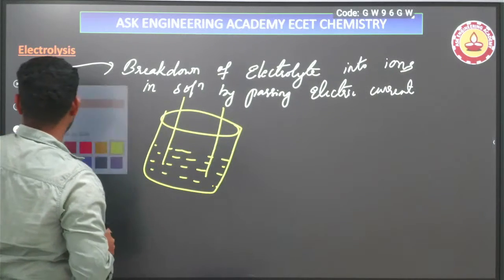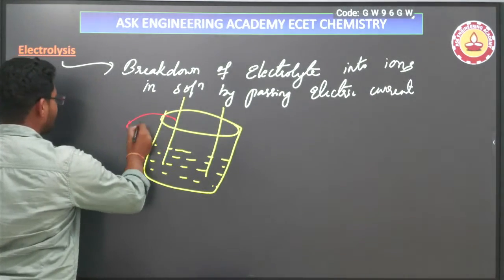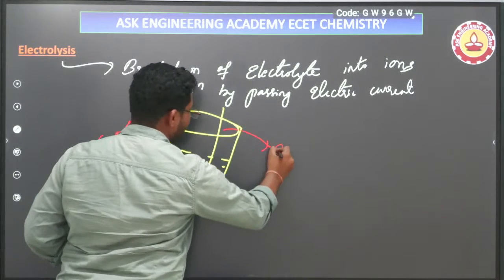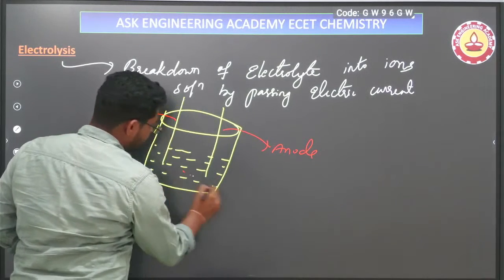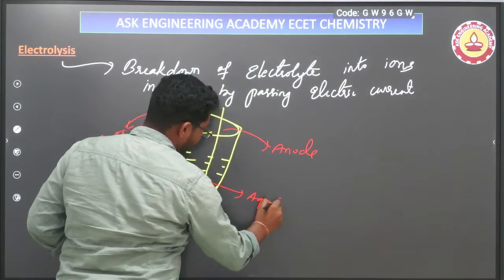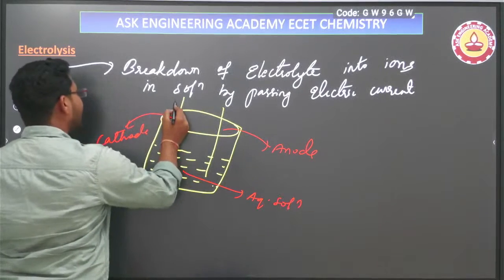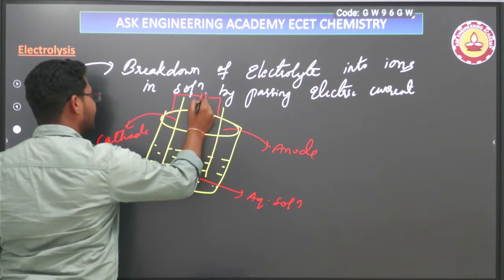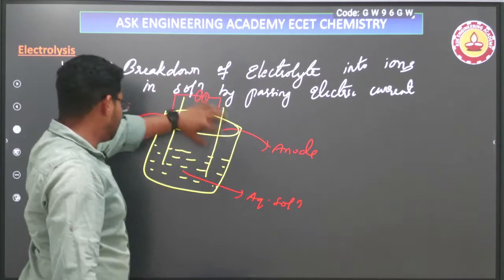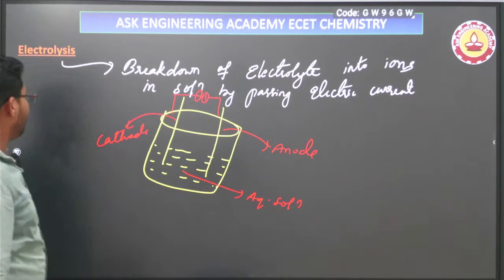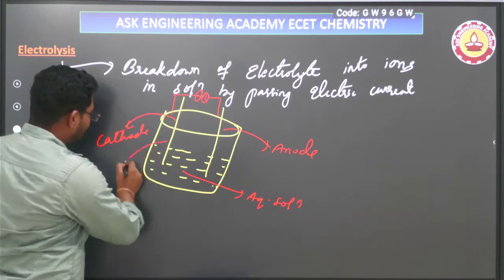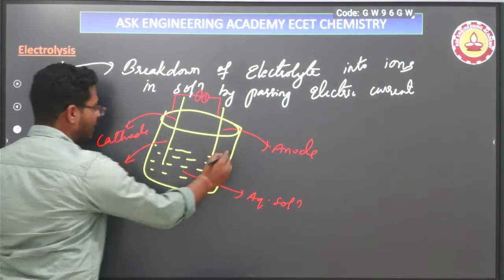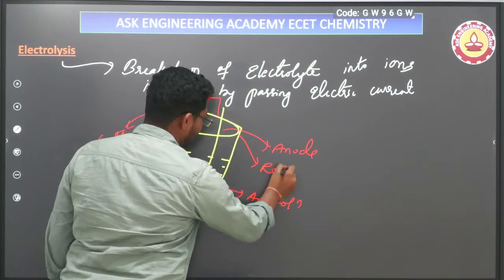Now for example, this is the cathode, this is the anode, and this is the aqueous solution. Whenever the current is passed through it, this is the positive charge, this is the negative charge, and the current passes like this. At the cathode generally oxidation occurs, at the anode generally reduction occurs.